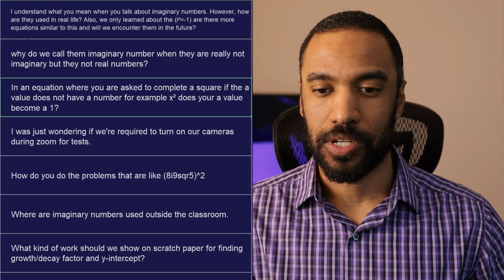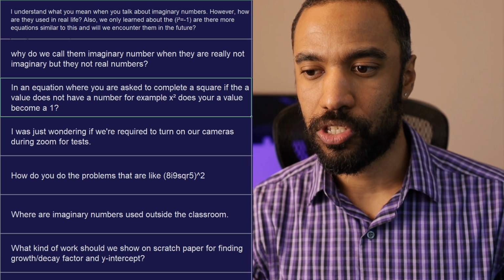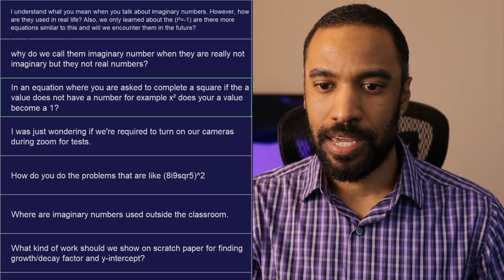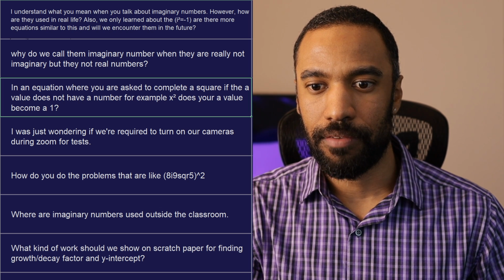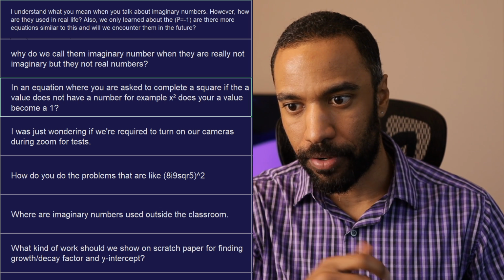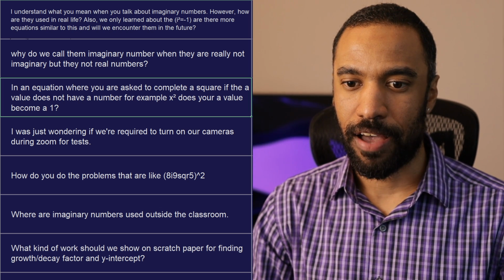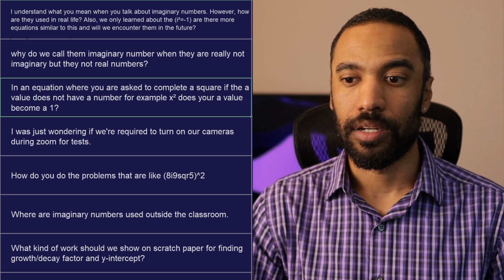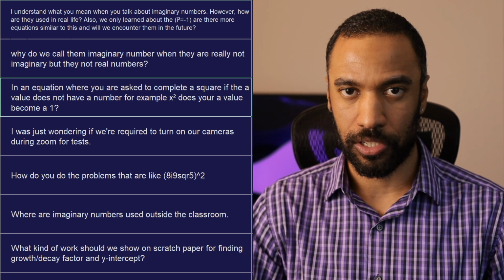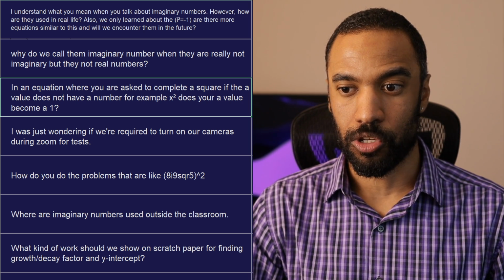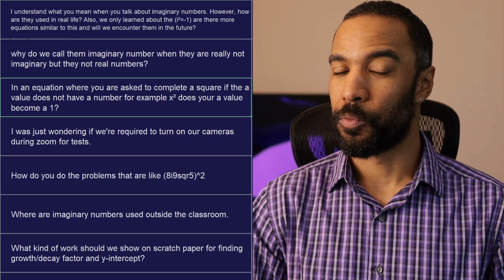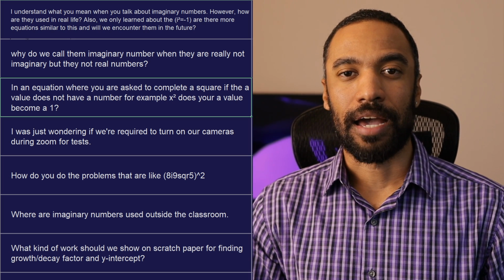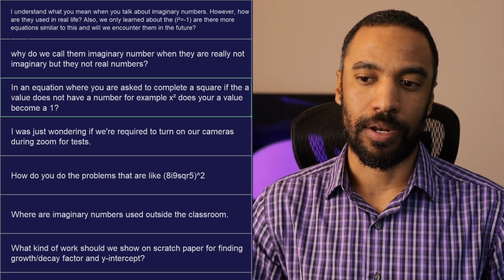Okay, next question. In an equation where you are asked to complete the square, if the a value does not have a number, for example, x squared, does your a value become a 1? Well, yeah, it's a 1. X squared is implied to mean 1x squared. Just like it also means 1x squared plus 0, all divided by 1. Yeah, the implied value in front is a 1.